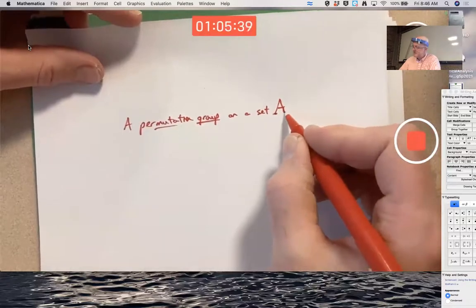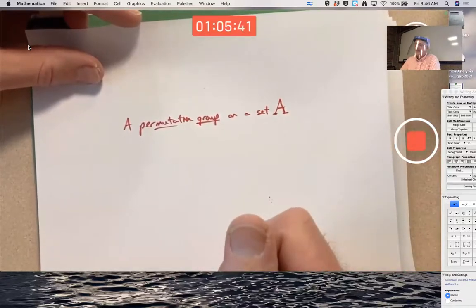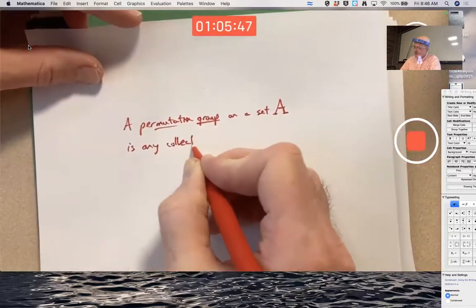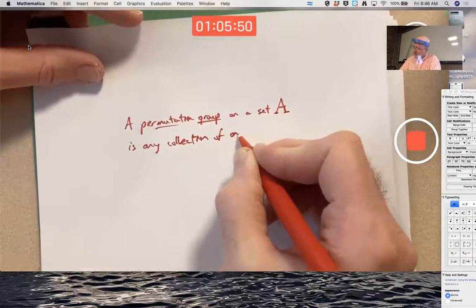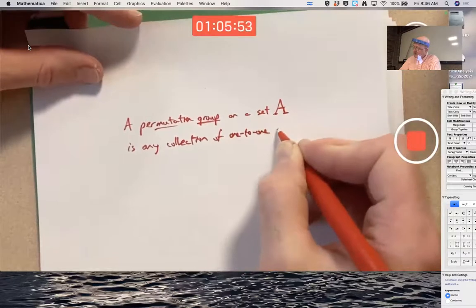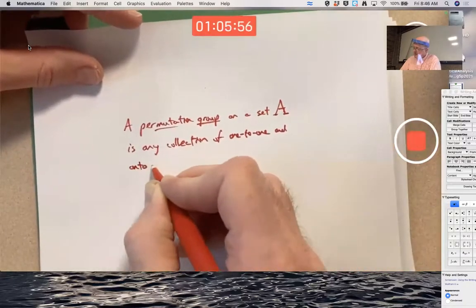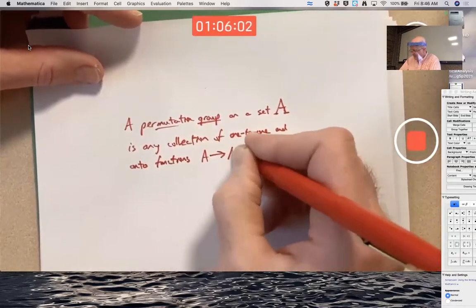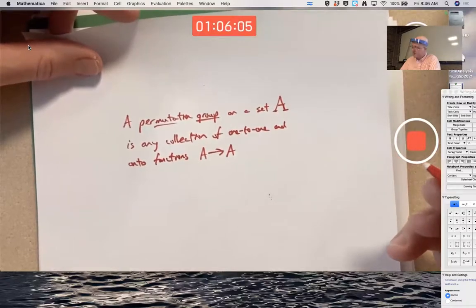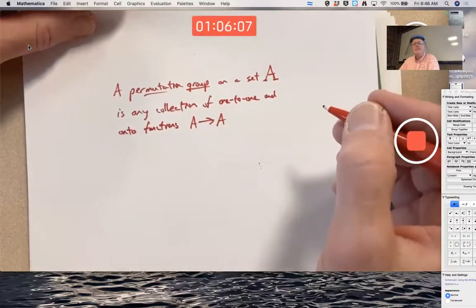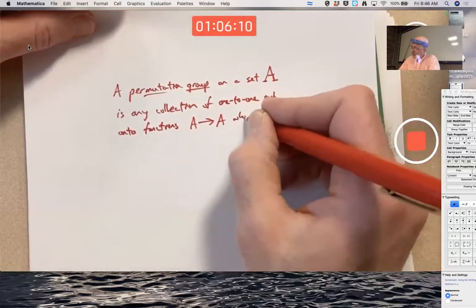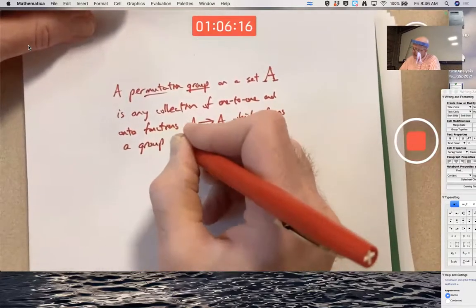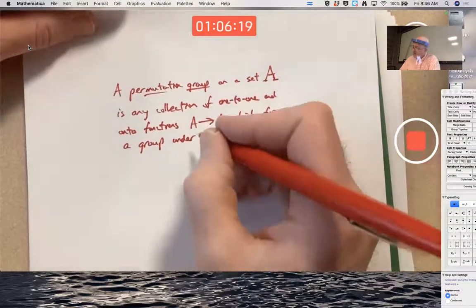A permutation group on a set capital A is any collection of one-to-one and onto functions from A to itself, which forms a group under function composition.